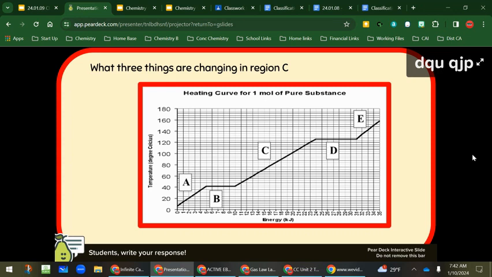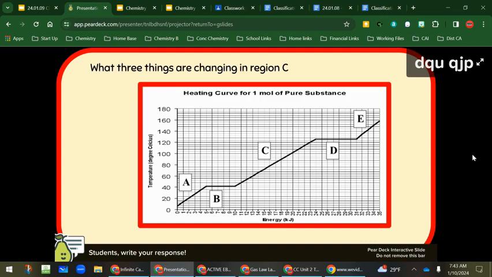Okay, temperature is changing. We're starting out down here at around 40 some degrees. We're ending up here at around 120 some degrees. Temperature is definitely changing. If temperature is changing, Gerald, what else is going to change? The velocity of the particles is going to change as well.